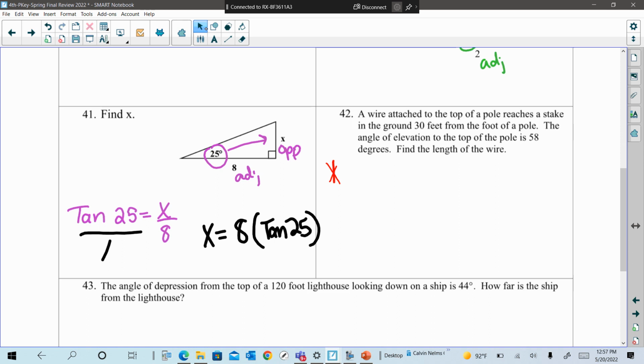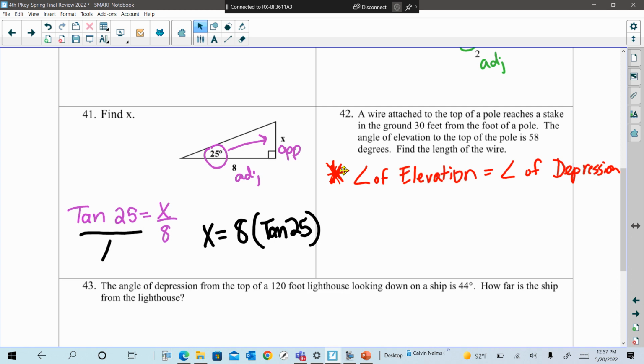On 42, you do have to memorize that. That is not given on the formula chart. You need to know that the angle of elevation is equal to the angle of depression. So it doesn't matter which term they say. If they say elevation, you can set it up like a depression.